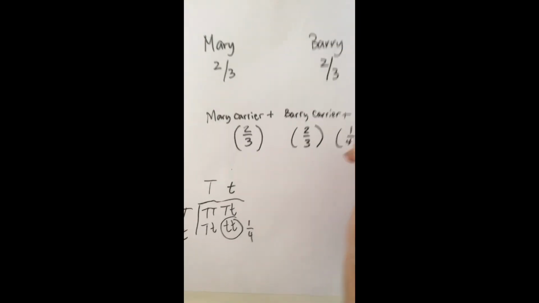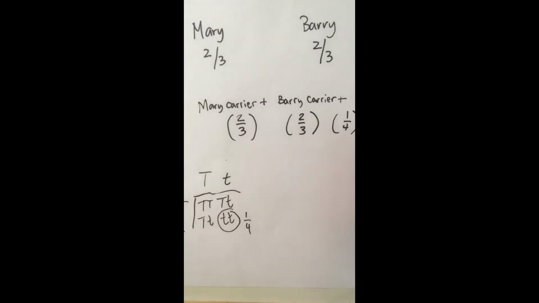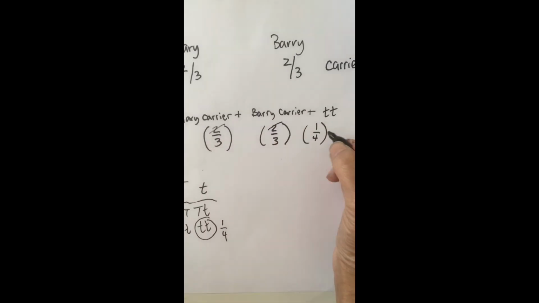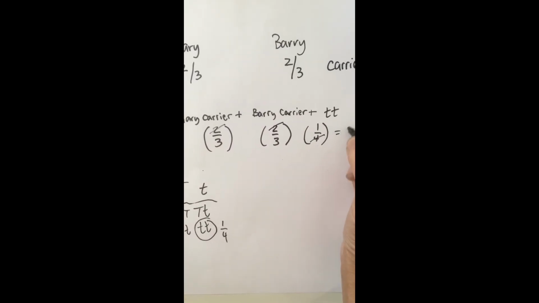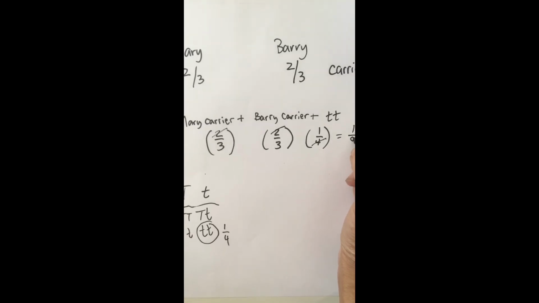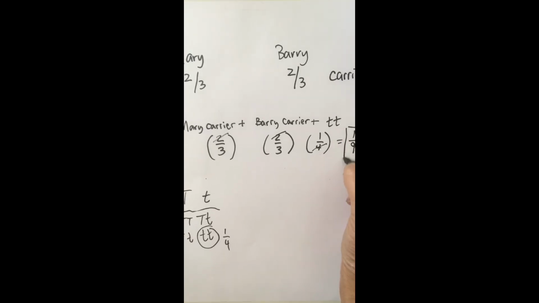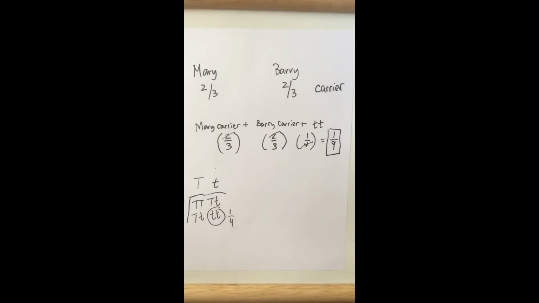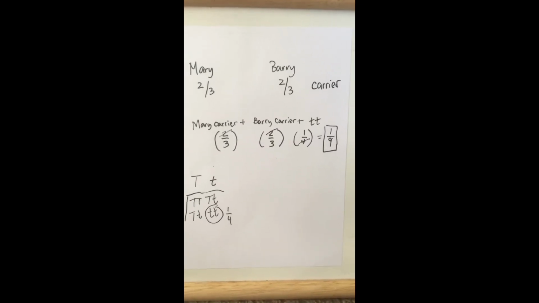So let's multiply all of these together. I personally like to cancel things out. So 2 and 2 is 4. Cancel that out. We multiply this together and we see that there is a 1/9 chance that they are going to have a child with thalassemia.